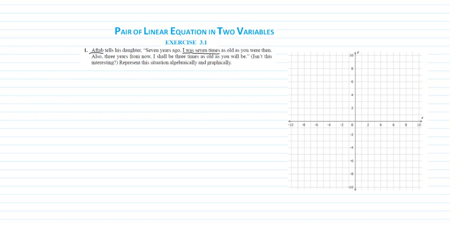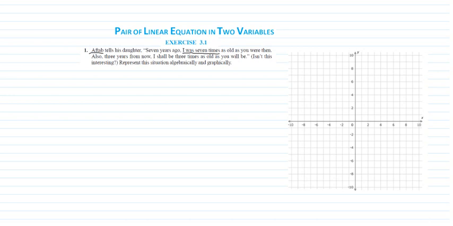In situations where two variables are used, something is said about one variable and the other variable is kept as it is. Here nothing is given about Aftab's daughter, but a relation is given about Aftab's age and his daughter's age. So we will discuss this here.